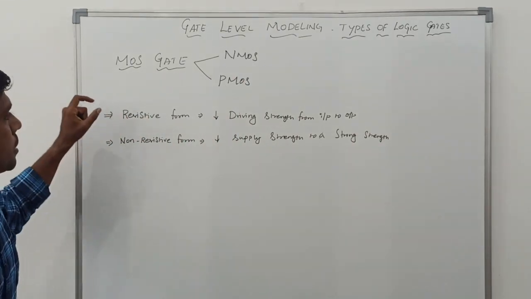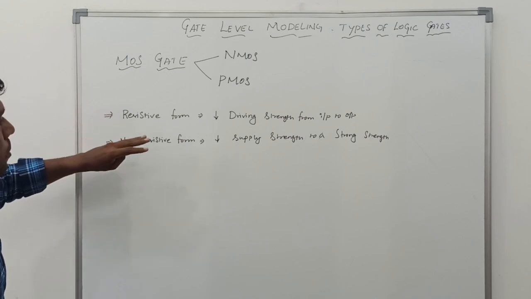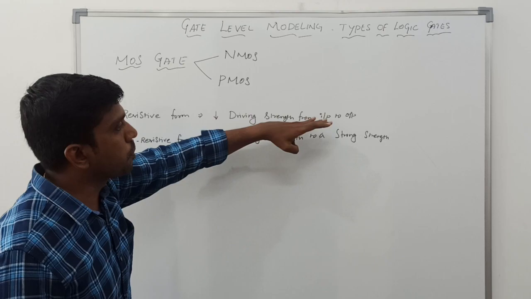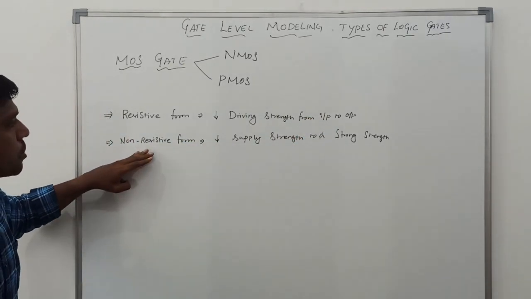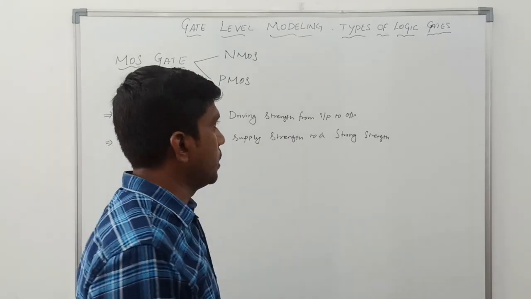This MOS gate operates in two forms: one is resistive form and another is non-resistive form. Resistive form in the sense it reduces the driving strength from input to output. Non-resistive form in the sense it reduces the supply strength to a strong strength.